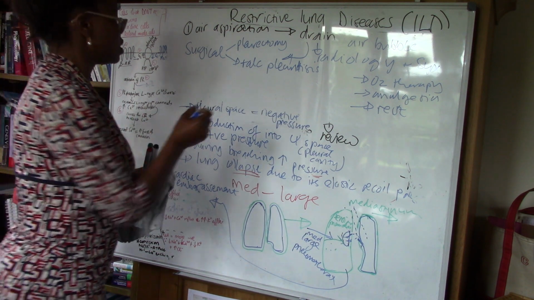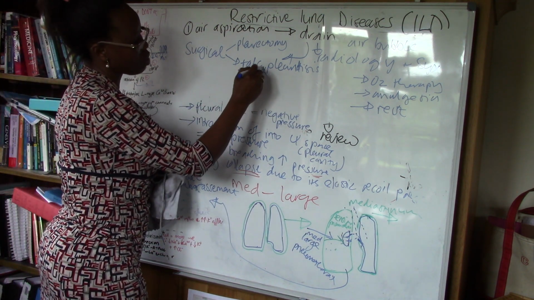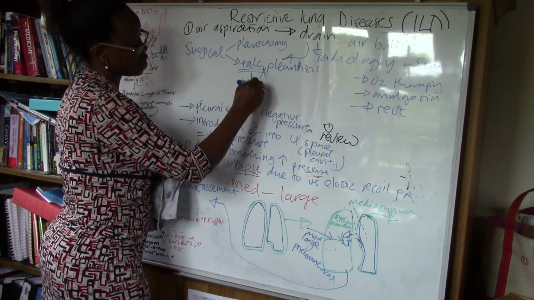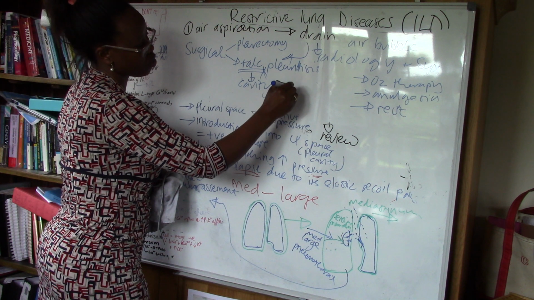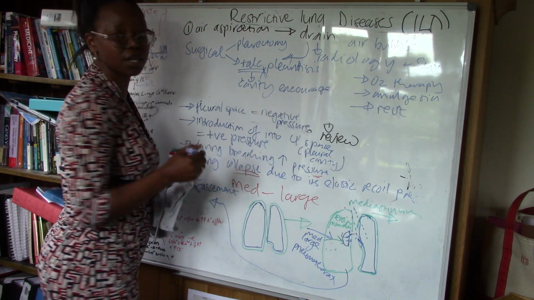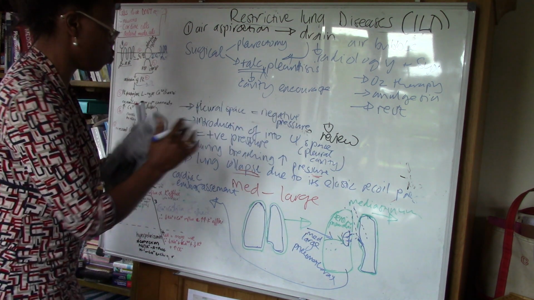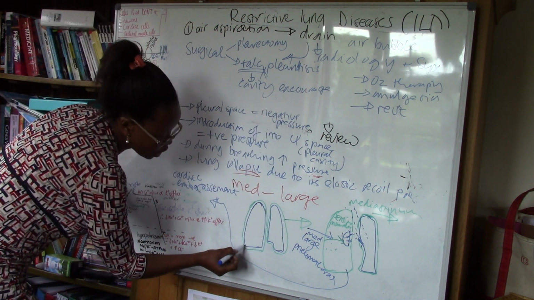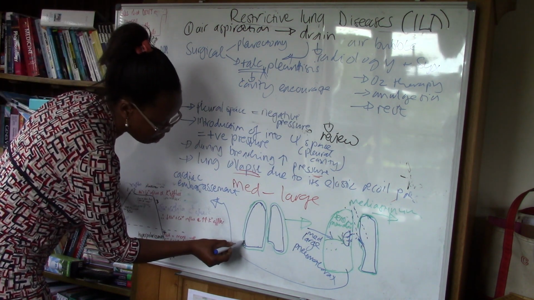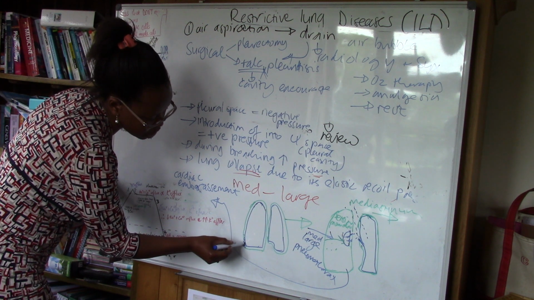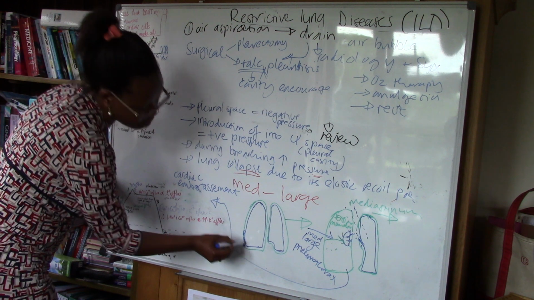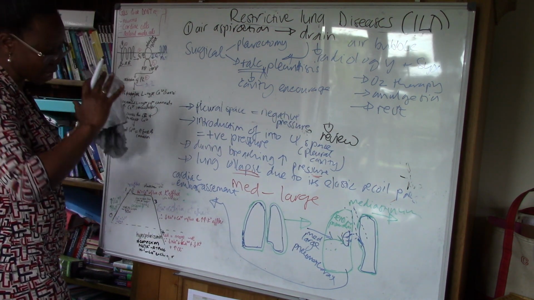All that happens is really you introduce talcum powder into the pleural cavity, to encourage and promote inflammation, and what you hope is that the inflammation will then cause the visceral and parietal pleura to adhere together.